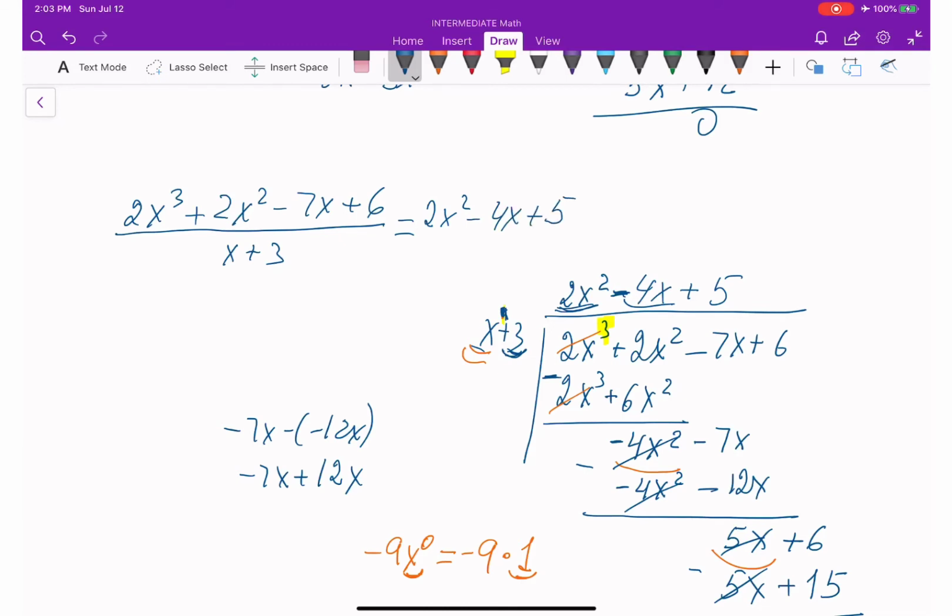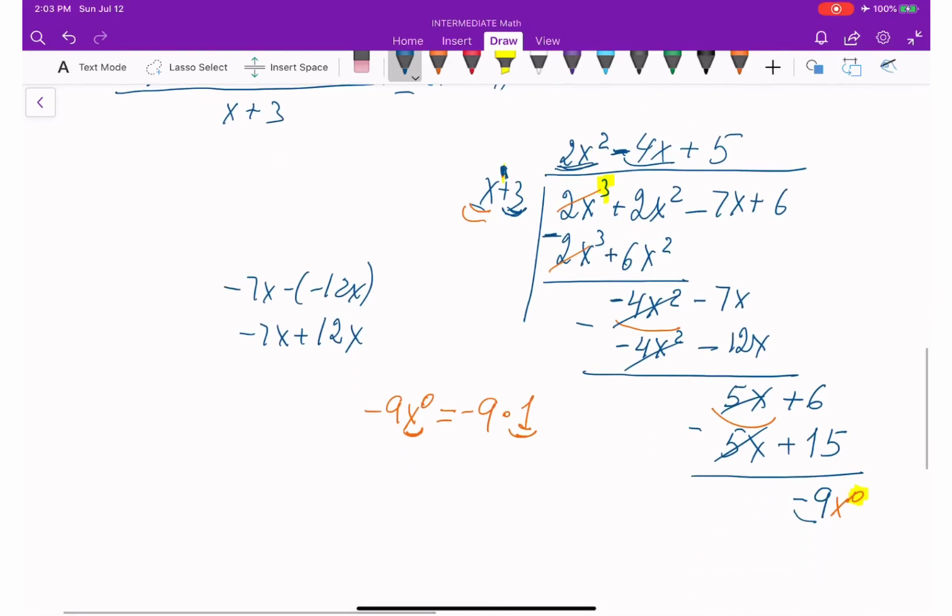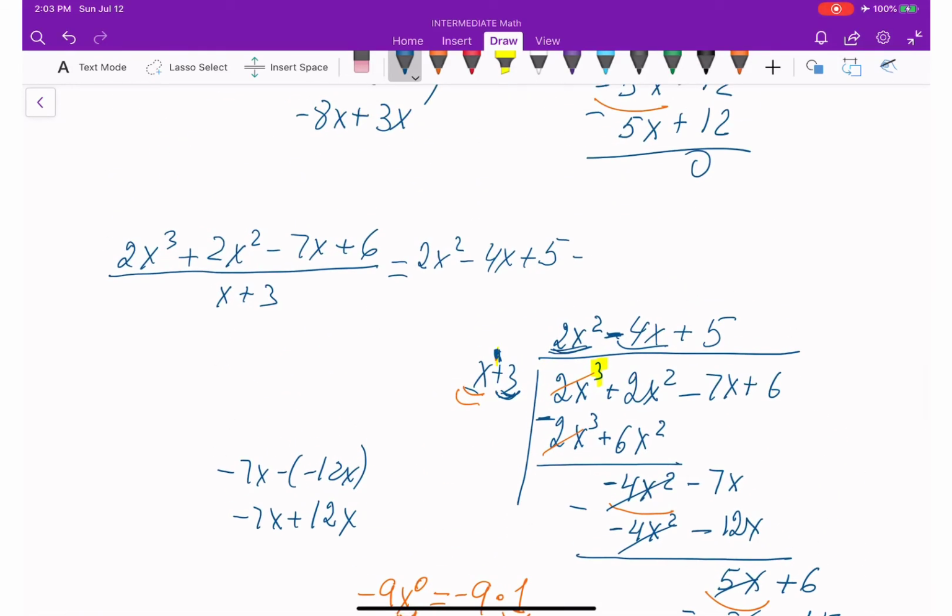And then we have minus 9, it's a remainder, yet to be divided by x plus 3. And this is the result. Okay? All right. Next one.